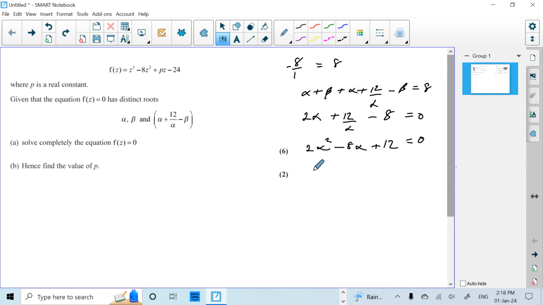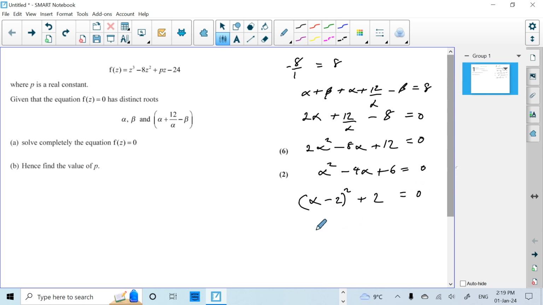Divide through by 2, I get alpha squared minus 4 alpha plus 6 equals 0. And now I can complete the square. If I complete the square, I'm going to get alpha minus 2 all squared, and then I've got to add 6, so that will end up with plus 2 equals 0.